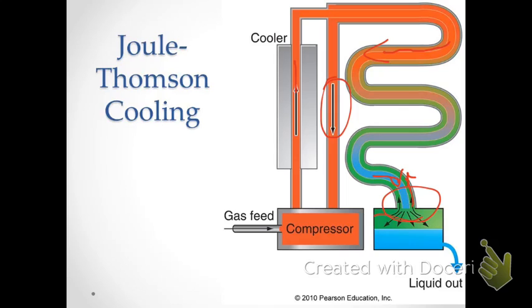Every time it passes through, the temperature gets cooler and cooler until ultimately we do get liquid coming out of this refrigeration process. Of course, this will only work when the Joule-Thomson coefficient is greater than 0, because as we just stated, the gas will cool on expansion if it's greater than 0. If it's less than 0, this will not work.